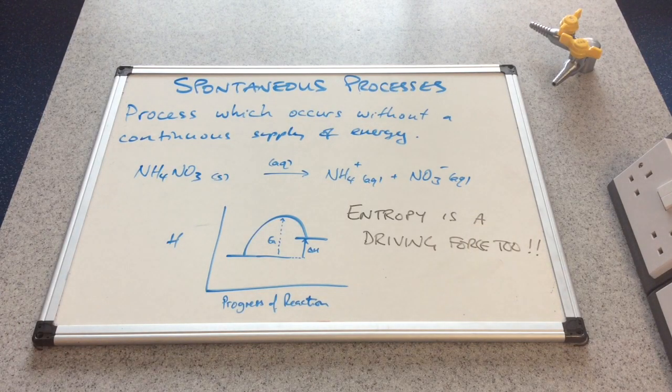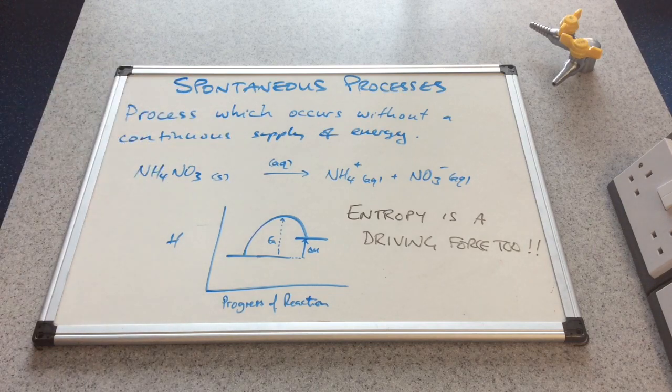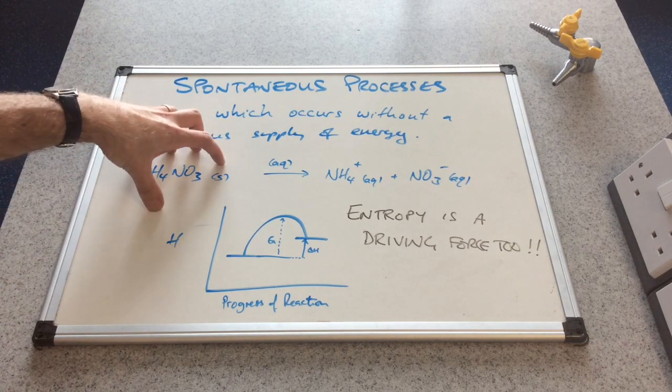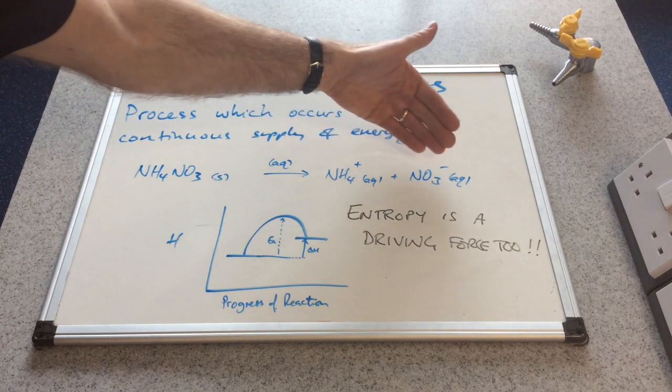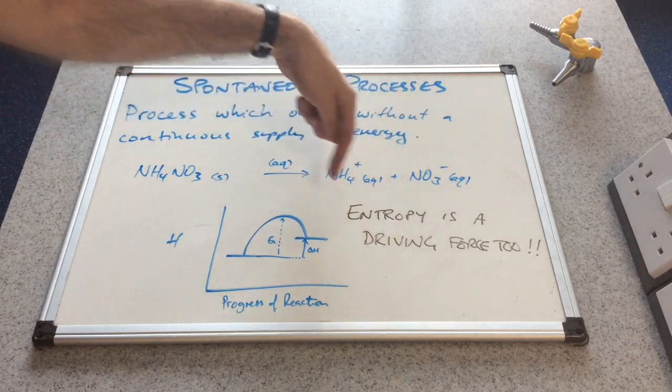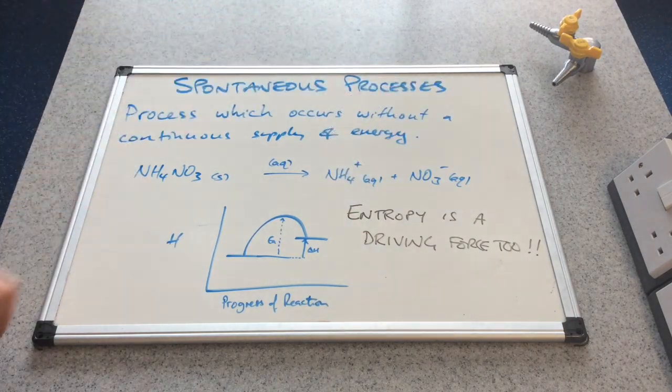You can see I've written up there, entropy is a driving force too. If we think about the entropies involved in the equation, we've got a solid. Remember, solids have relatively low entropies. This solid, when it's put into water, is turning into aqueous ions. So there's more disorder on this side because these have more freedom of movement.